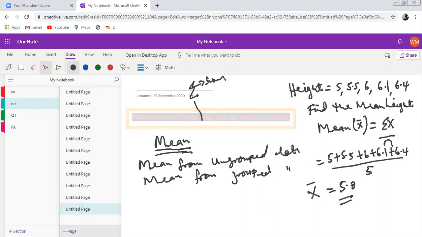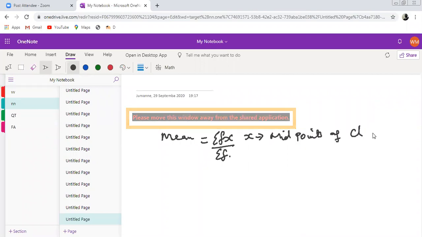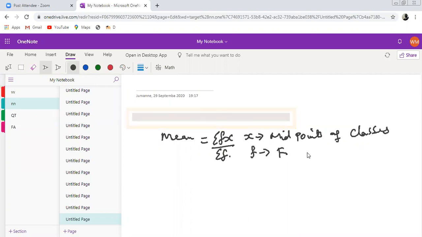After obtaining the mean from the ungrouped data, we can go to the mean from grouped data. For grouped data, the mean is normally obtained by the formula, the summation of fx over the summation of f, where x represents the midpoint of classes, and f is the frequency.